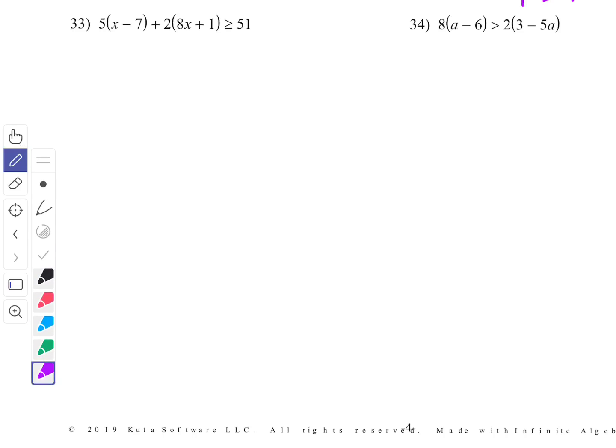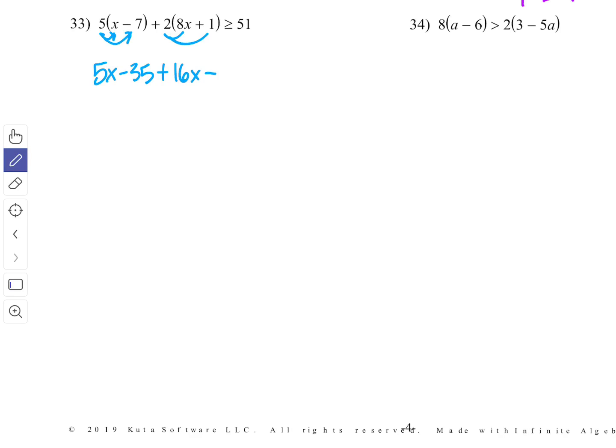Alright, last two problems. We are almost there. Distribution first. 5x minus 35 plus 16x plus 2. Combine some like terms. 5 and 16, 21x.